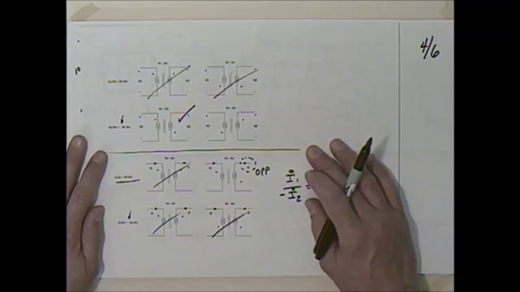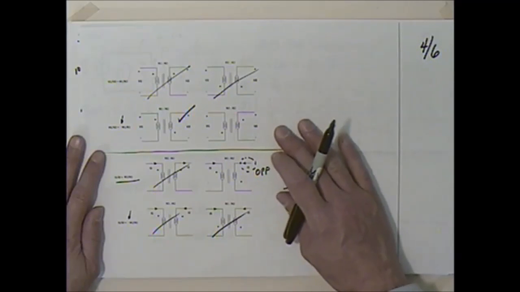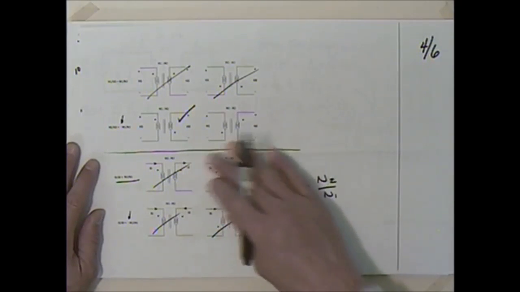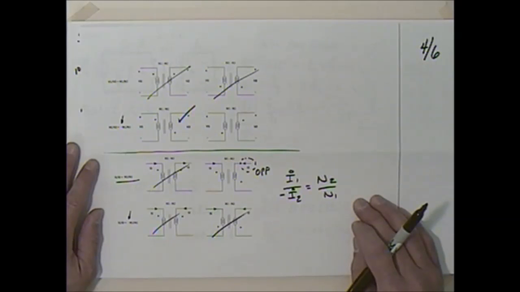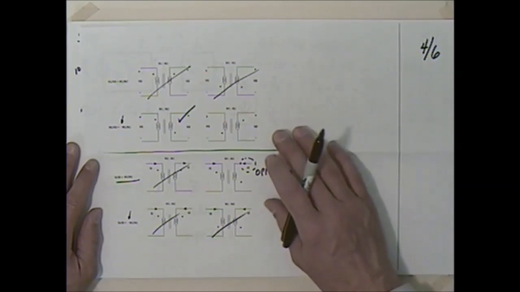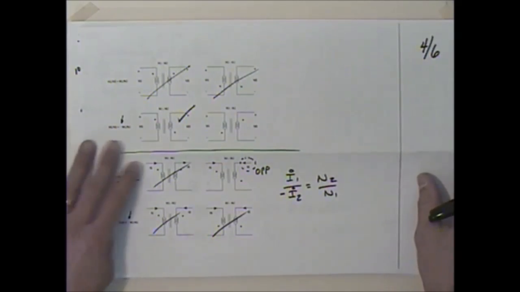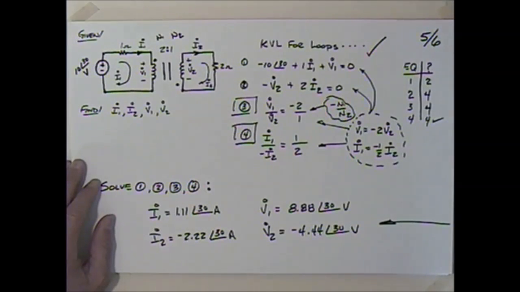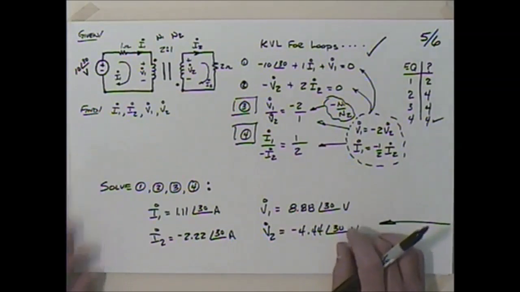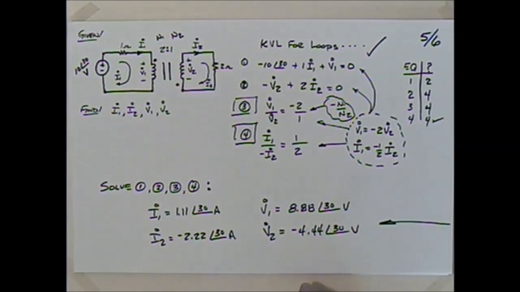But where it talks about mutual inductance, they have such information. I tried to put it together in a form that I thought was a little easier to use. So this table that I made will be up on the website. And that was key. This table was key in coming up with these relationships and giving us two more equations. So with that, I think we've got that pretty well at hand. We've got another problem to look at, so we'll go on to that.